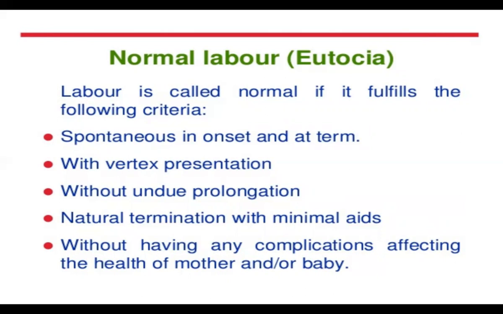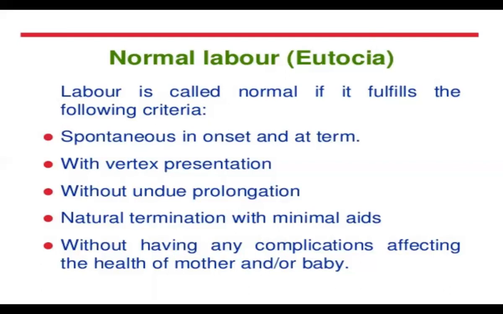Which type of presentation? Normally, if it is a vertex presentation, then it is called eutocia. Then the time duration should be without undue prolongation, up to 18 hours is no problem. But if the duration is more than that, then it is not a normal labor.